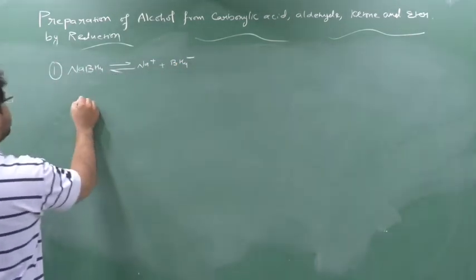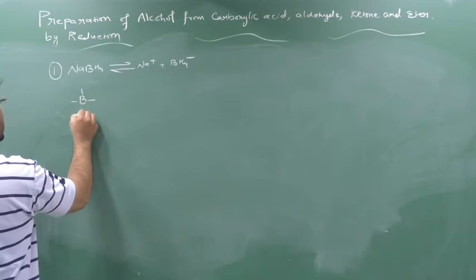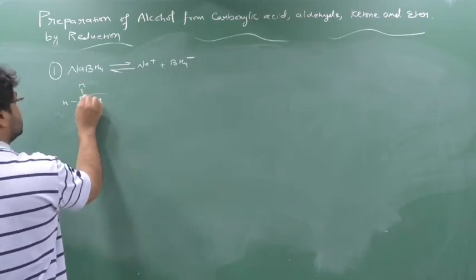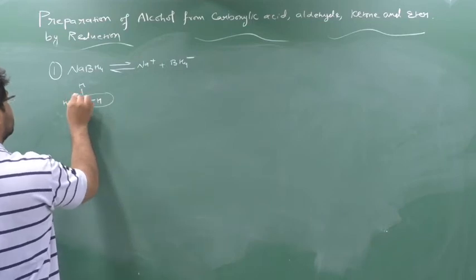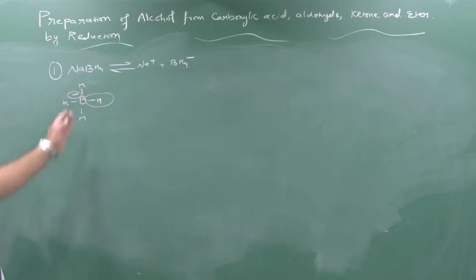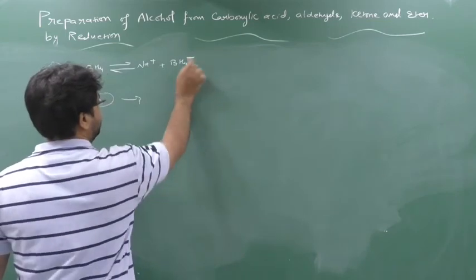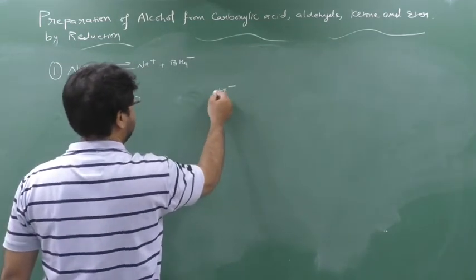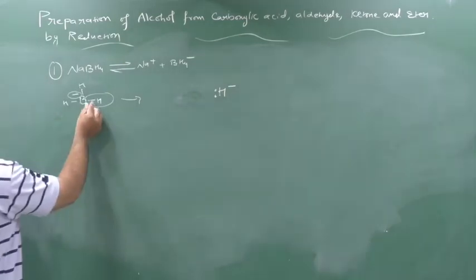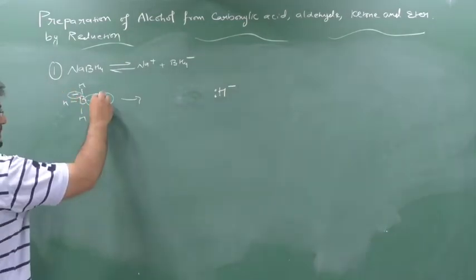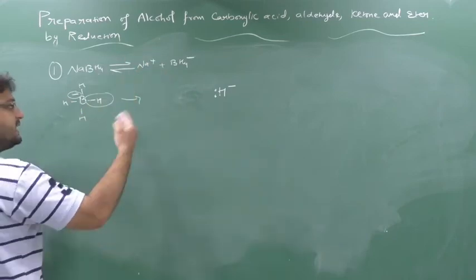Now this BH4 minus will give us H minus, as we know. Clear? Minus is there on boron. This H will be removed by taking the electron in this way, as H minus, taking the electron which it has given to boron.